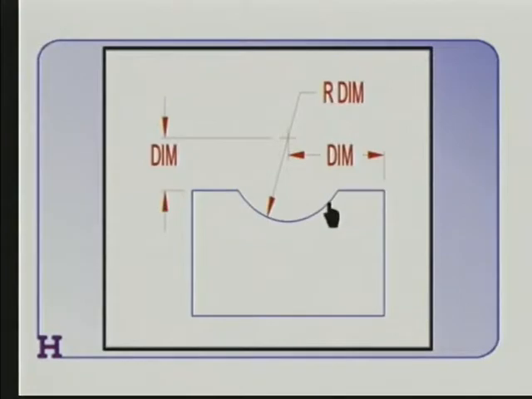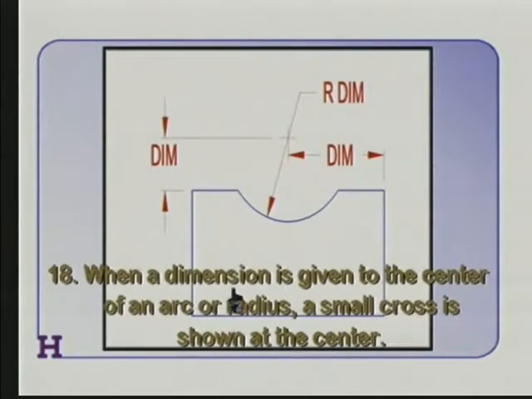However, in some cases, like this case, there's no hint from the geometry as to where the center of this radius is. And in that case, when a dimension is given to the center of an arc or radius, a small little cross is shown at the center. So we put a little plus sign there, and then we use that plus sign to actually dimension the location, in this case horizontally and vertically, the location of the center of that radius.